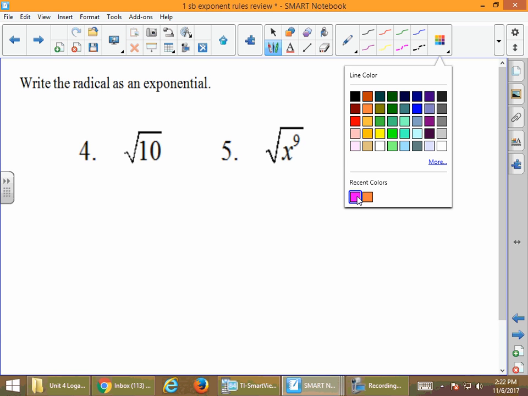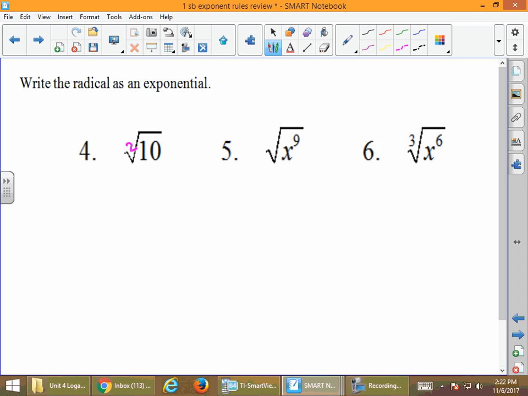We write it with a 2. So if it's just square root, it's understood that that's a 2 in this problem. And once we know that, then this is going to be 10. Remember, the number in the check mark goes in the denominator, and it doesn't have any exponent on the 10, so it must be a 1. 10 to the 1/2 is the square root of 10.